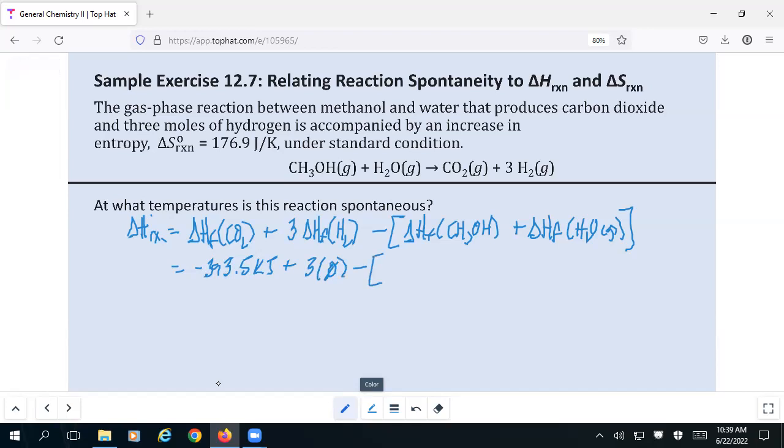For methanol, CH3OH in the gas phase is negative 201. And water in the gas phase is negative 242.